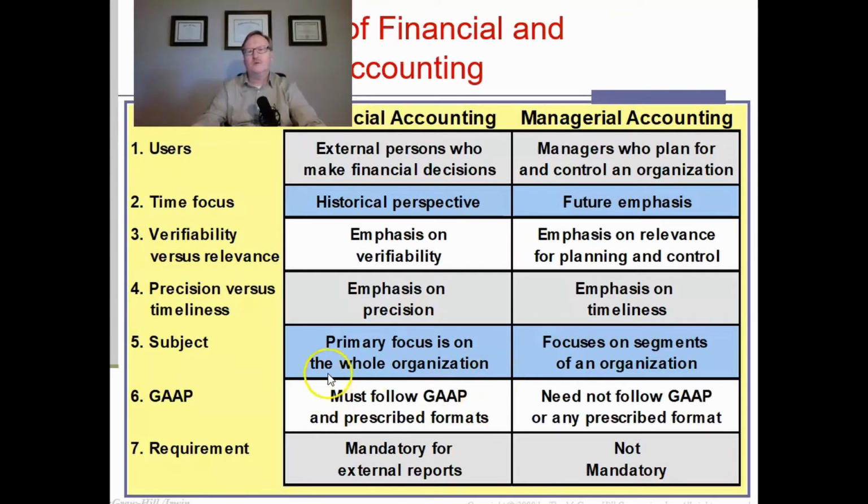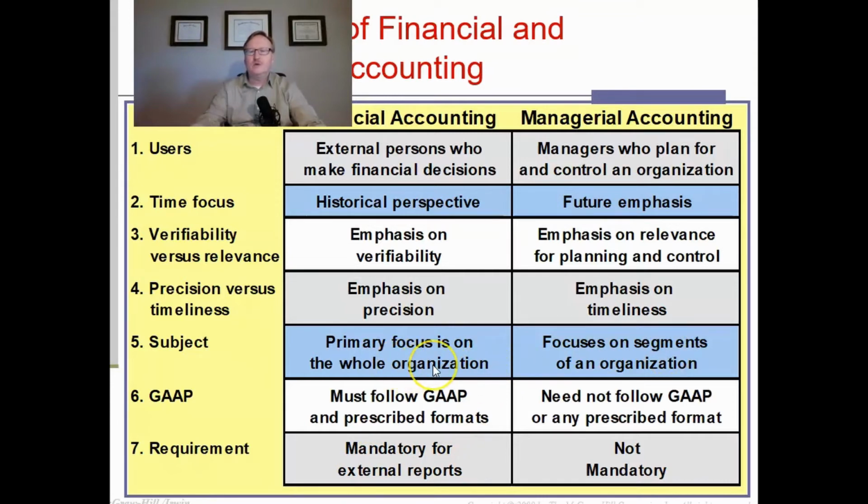Since we follow the new regulations and follow GAAP, GAAP is short for Generally Accepted Accounting Principles, you have to follow prescribed formats. We all follow the same rules and regulations, mandatory for external reports, right? But look at this.